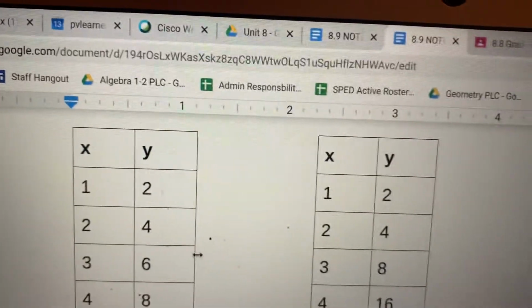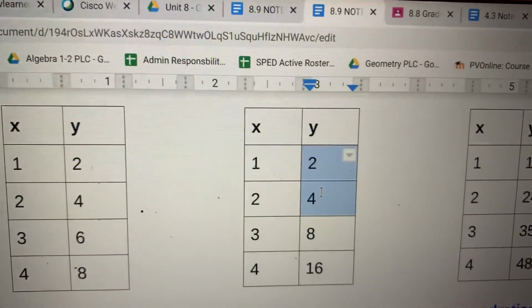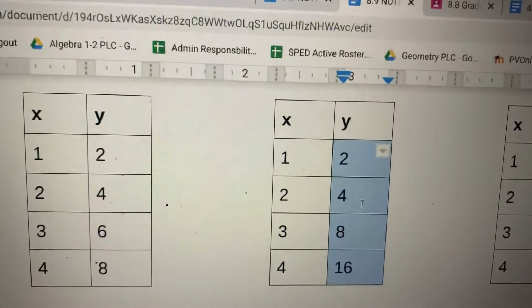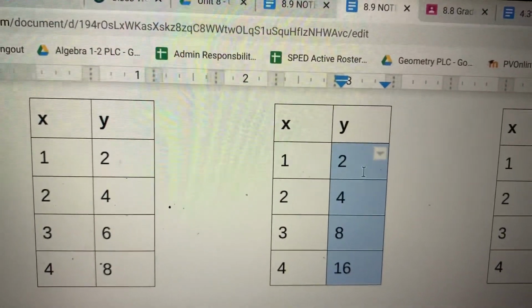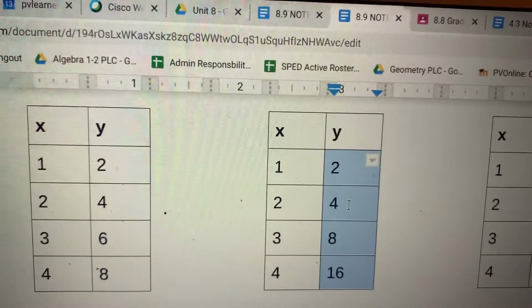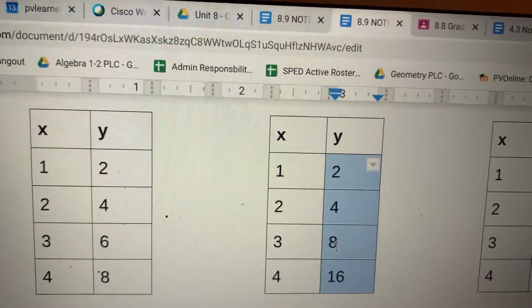Okay, this next one, again, we're only looking at the y column. And we go 2, 4, 8, 16. So we're not adding 2 each time. We're adding 2 to get 4, but 4 plus 2 would be 6, and we don't have 6 here. So we're not adding 2.